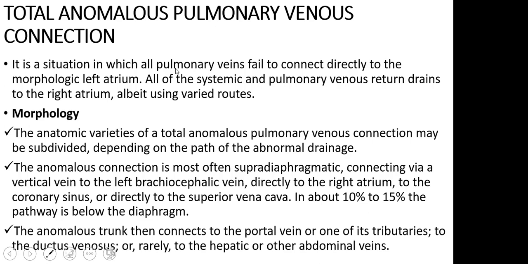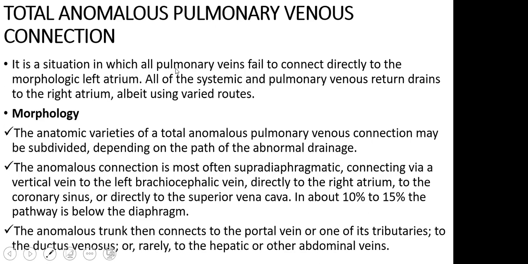So basically we have vessels draining into the right atrium. We have the superior vena cava draining into the right atrium, the vertical vein draining into the right atrium, and also the pulmonary veins all draining into the right atrium.